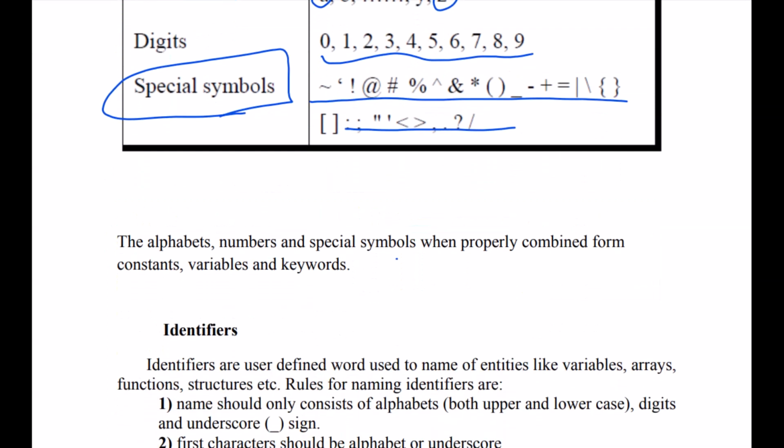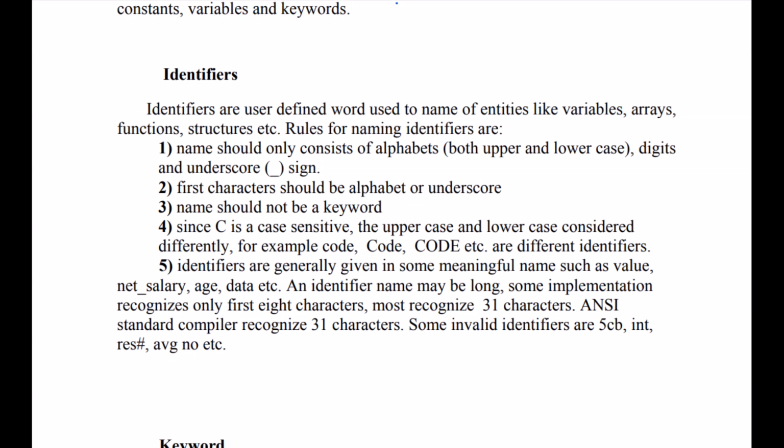So now let us have a look at identifiers. Identifiers are user-defined words used to name entities like variables, arrays, functions, structures, etc. There is a set of rules for naming an identifier.